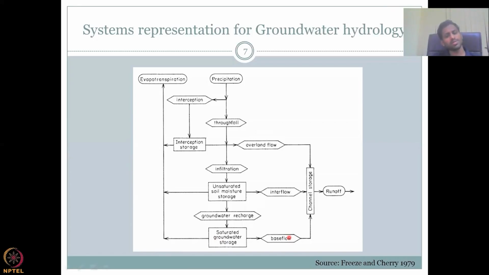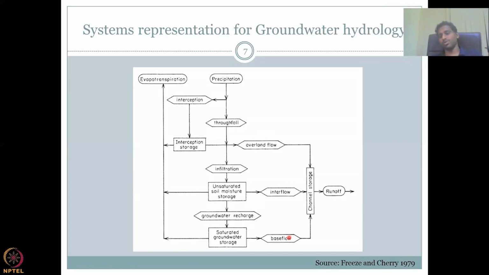Again, why does it go as base flow? Because water flows from high potential to low potential. And if your river is at zero or your sea is at zero location, then water will eventually flow down. So on the whole, groundwater cannot just stay there. It has to move. How fast it moves depends on the depth in which you have the water.